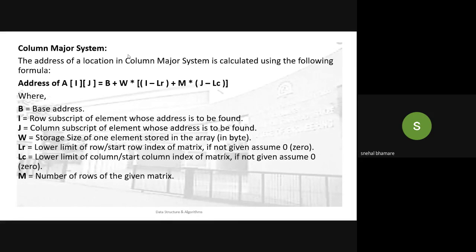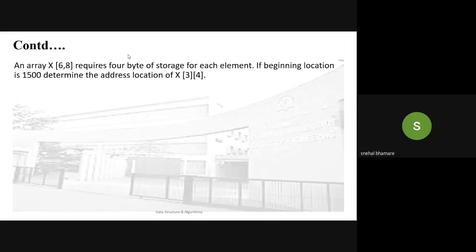Okay. So here the value of B is 1500. W here is 4 bytes. I is 3. J is 4. And here you will require the number of rows, that is 6. Calculate the value.